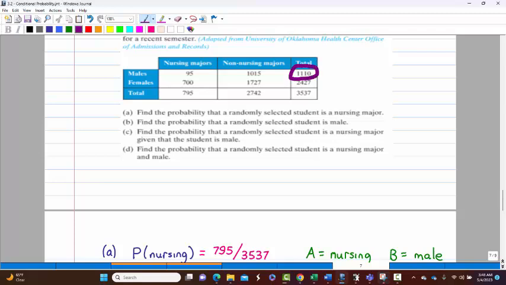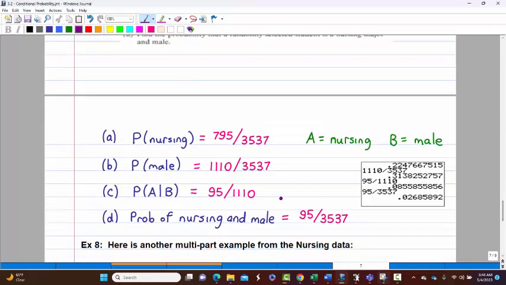That's your denominator for this problem. It's out of the males. Then how many of those males are nursing? We look across the row here, where males are broken down into nursing and non-nursing. This would be the male nursing majors out of the total males. So this will be 95 divided by 1110, and there we go.